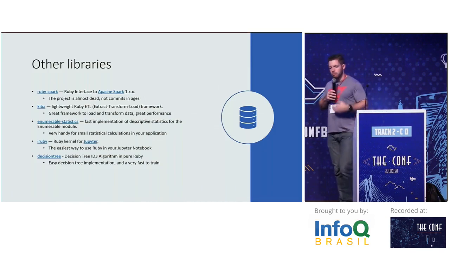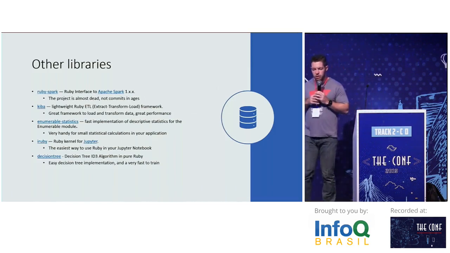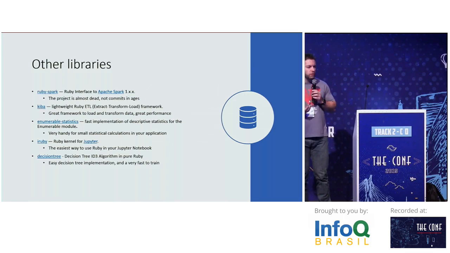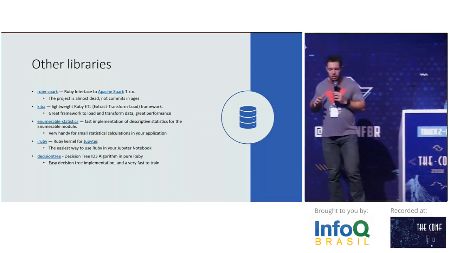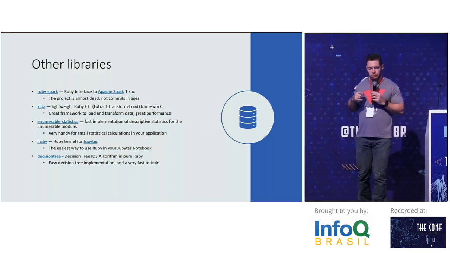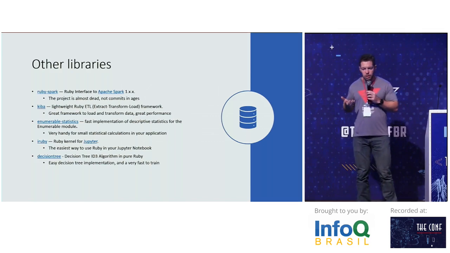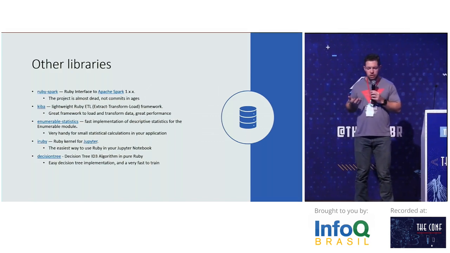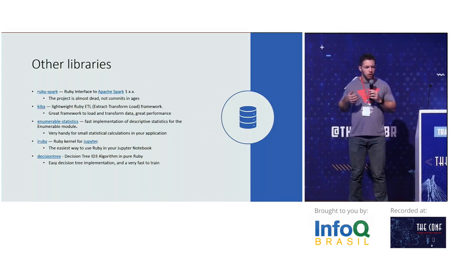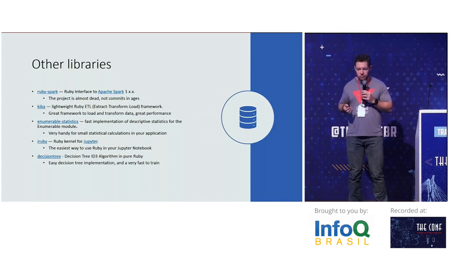So we have other libraries in Ruby also to help with data science. For example, Ruby Spark, that was a really great project, and the idea was to use Apache Spark to help implementing parallel data processing, but the project is almost dead for the last 4 years.